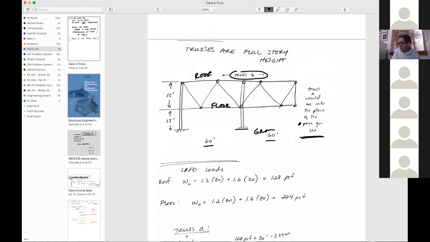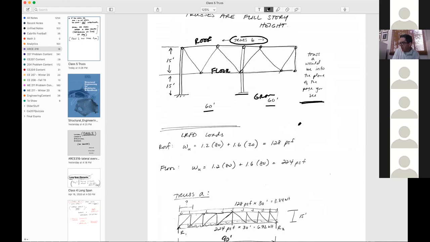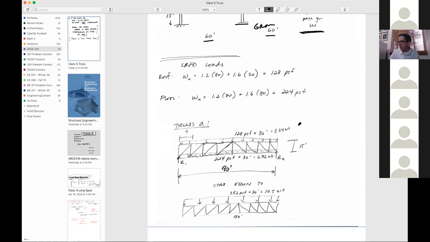Okay, so got a couple things written, and then I'll create some more here. So from the LRFD, the load, you're going to do 1.2 times the dead load, 1.6 times the live load. And so you've got your roof load in pounds per square foot, and then also your floor load in pounds per square foot.